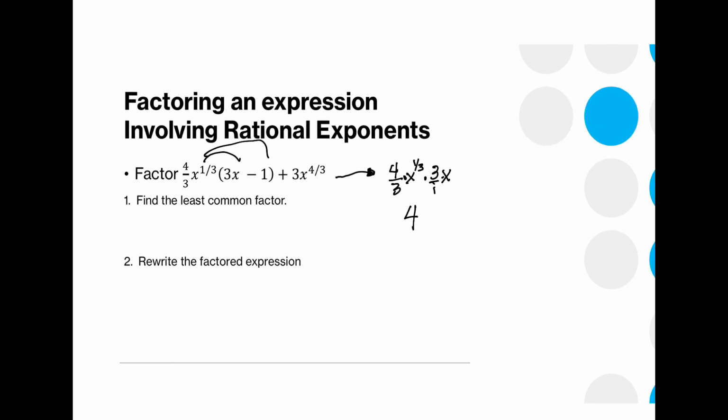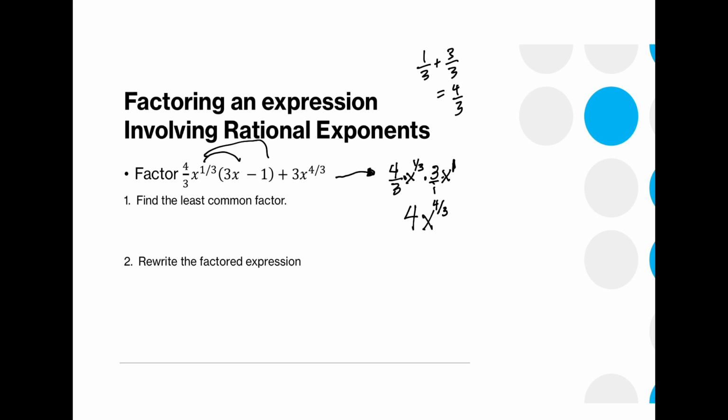And then this is x to the 1/3 times x to the 1, so that 1/3 and 1 can add together, giving me 4/3. 1 could be written as 3/3. So if we have 1/3 plus 3/3, 3/3 is 1, so that gives me 4/3.